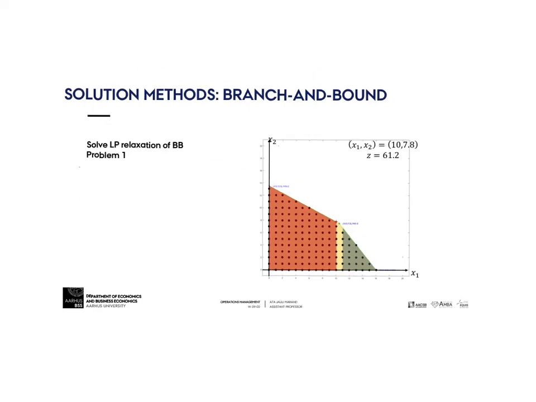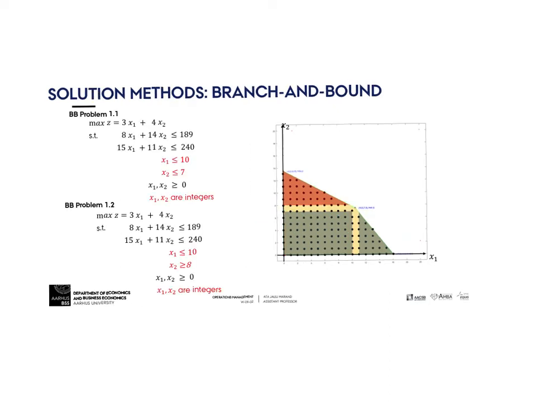Now if you solve the LP relaxation of problem 1, basically in this area, then you can find the optimal solution in this corner, which is still not completely integral. So in order to find the integral solutions, you need to further do branch and bound.